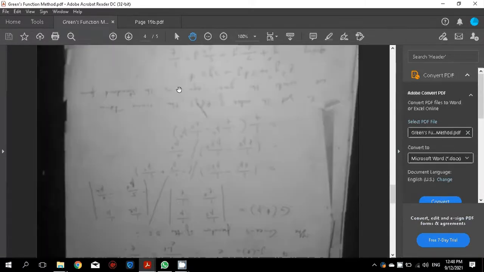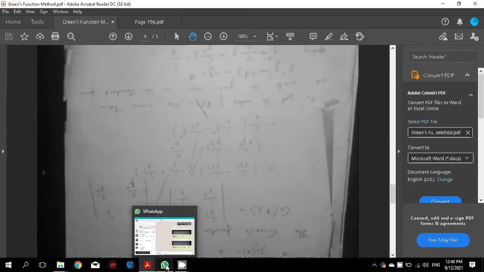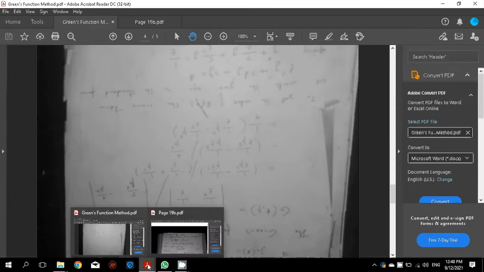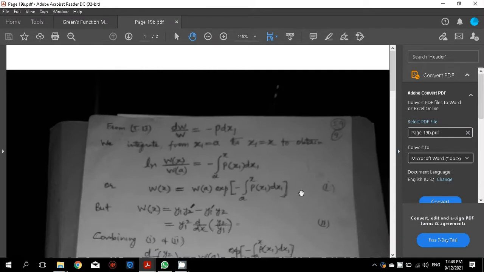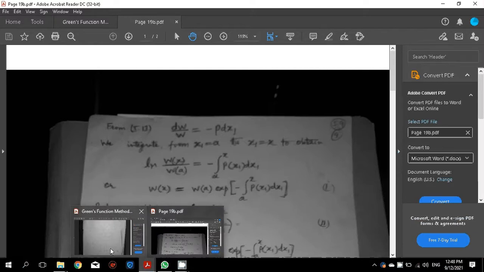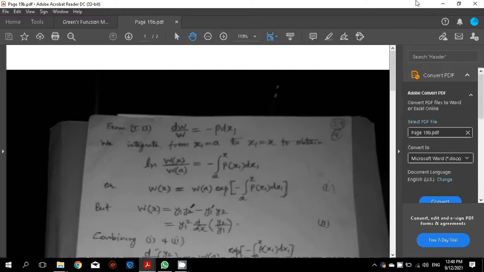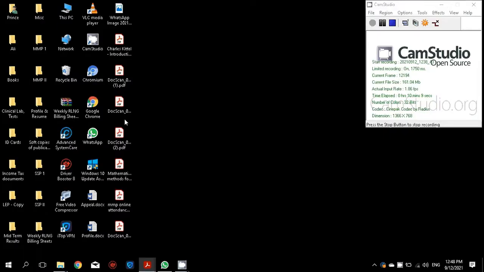Now this next page is not very clear, but let me give you a clearer edition of this page. So you can see this page over here. I'm sorry, not this one, but there is another page. Let me bring that page from the notes.